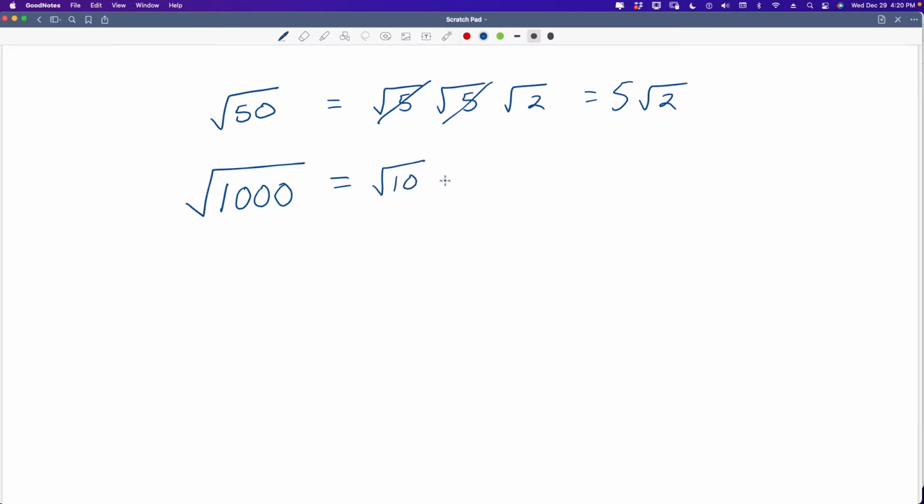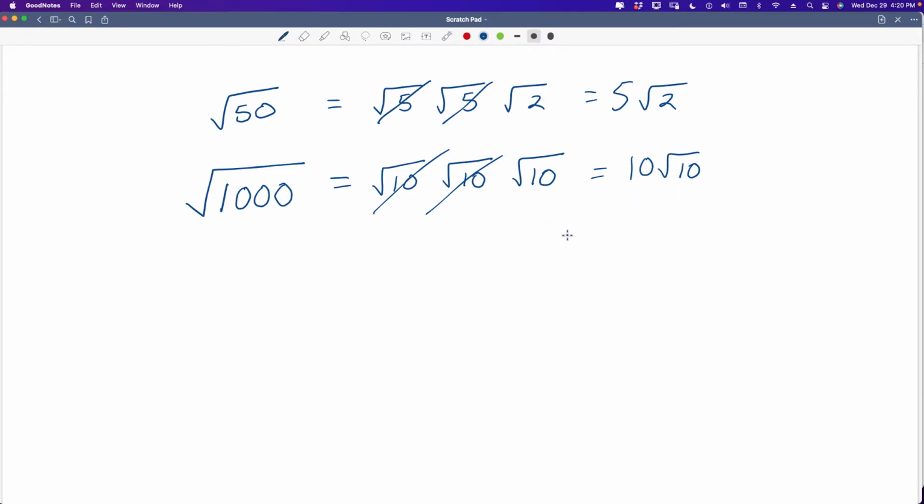Because 10 times 10 times 10 is 1,000. That's 3 zeros, 1, 2, 3. So we can take 2 of these out, and we have 10 times the square root of 10. Just based on the number of zeros, that's how many 10s we have. And if we have 2 of these paired together, we know we can pull them out in pairs, so that gives us a coefficient of 10.